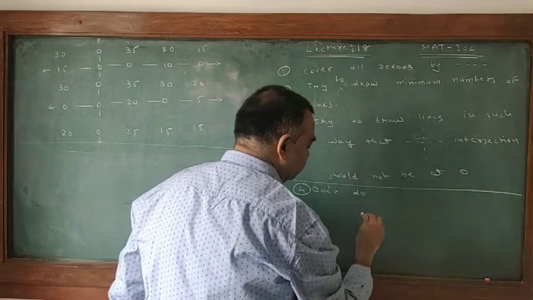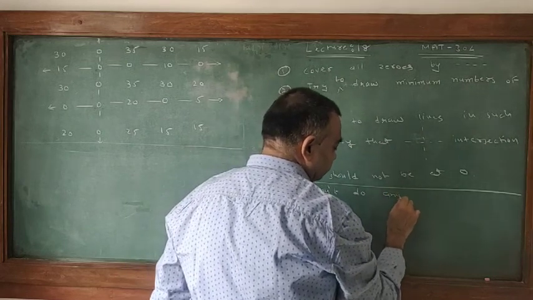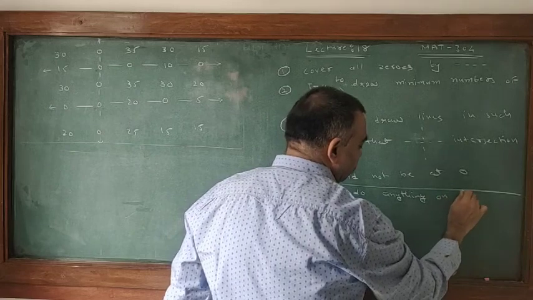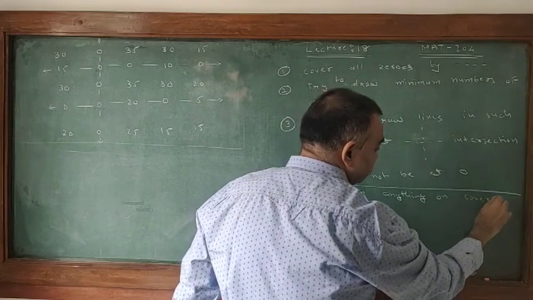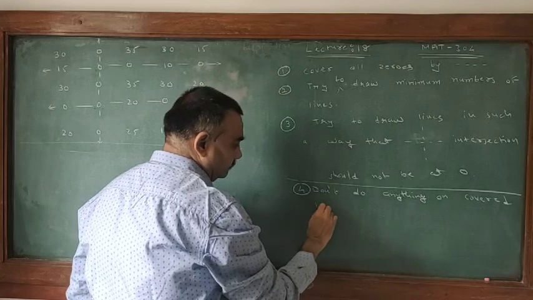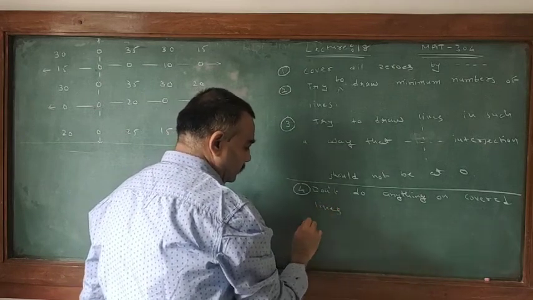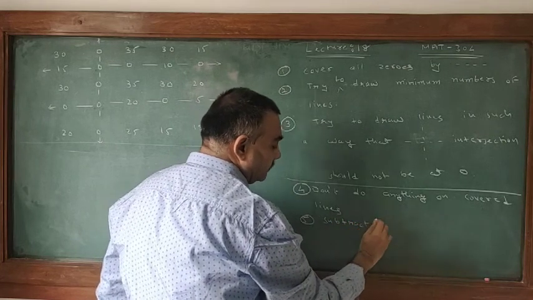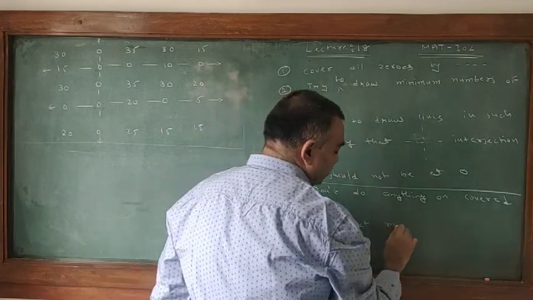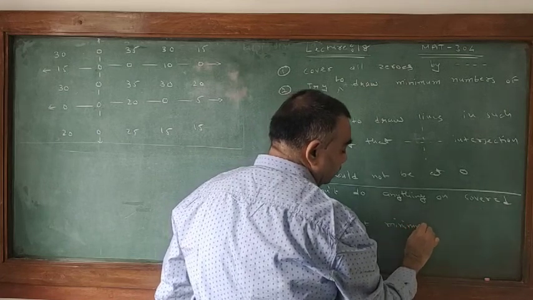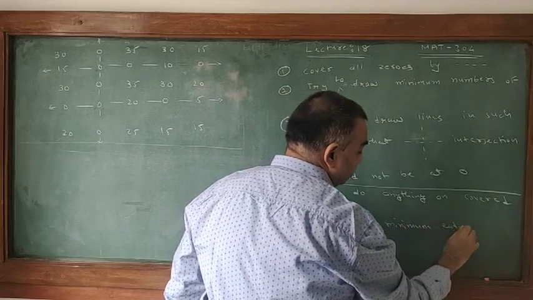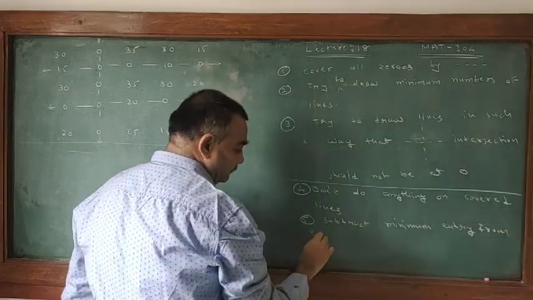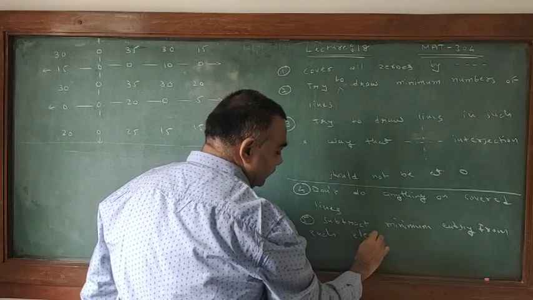Don't do anything on covered lines. Subtract minimum entry from each element.